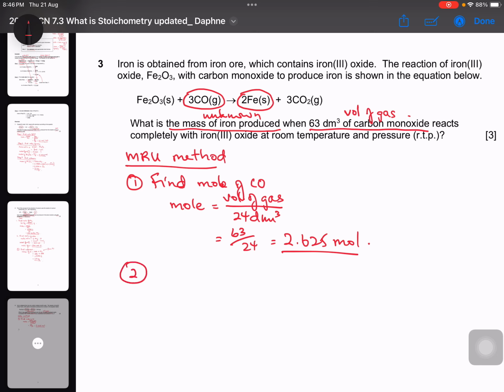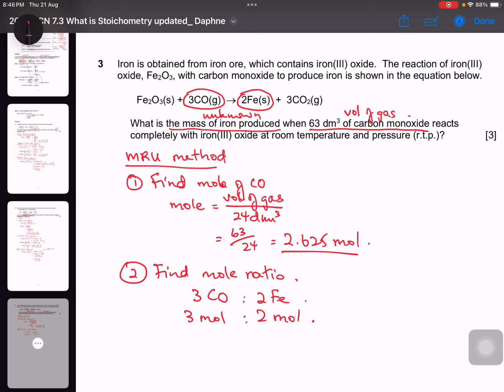Second step is the same as what we've been doing. Find mole ratio. Ratio of what two things? The two things that we circled in the equation. So the two things that we circled will be 3CO is to 2Fe, which means that this is 3 mole is to 2 mole.